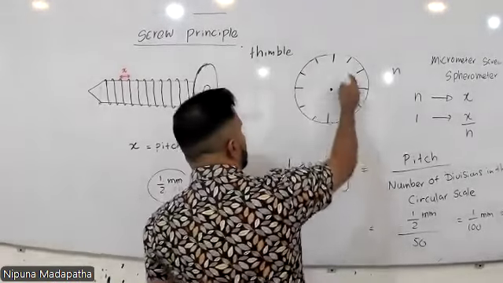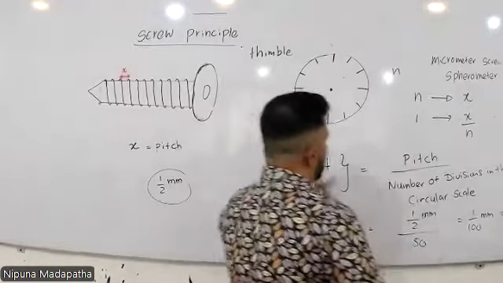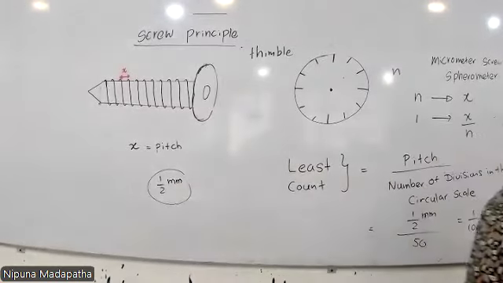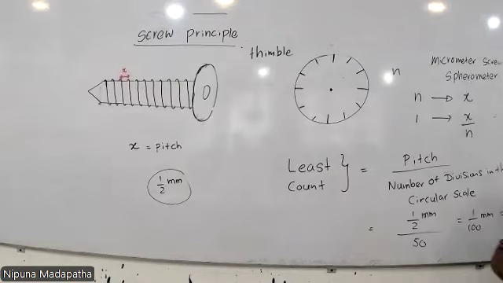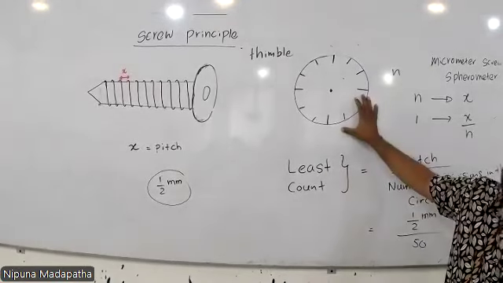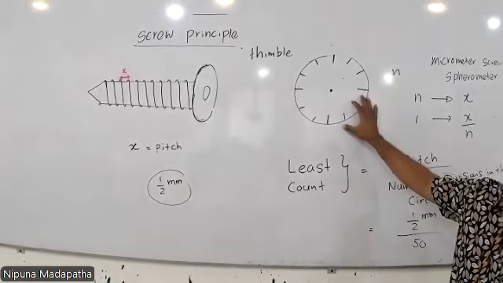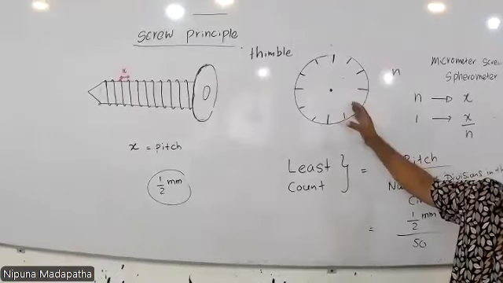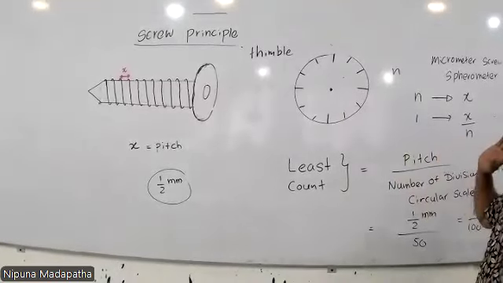Right. So now you can write this: the thimble of the screw is divided into n number of divisions.